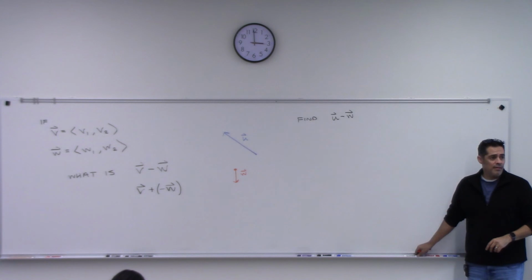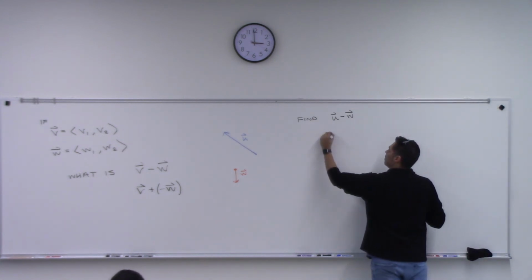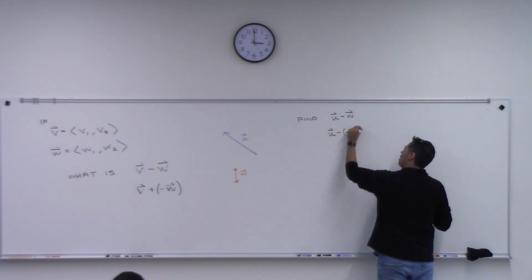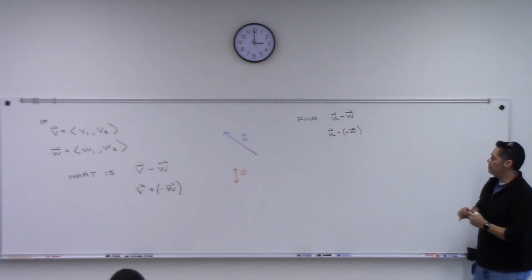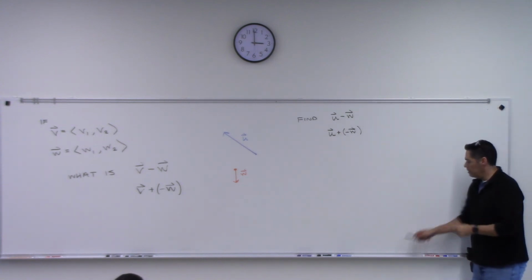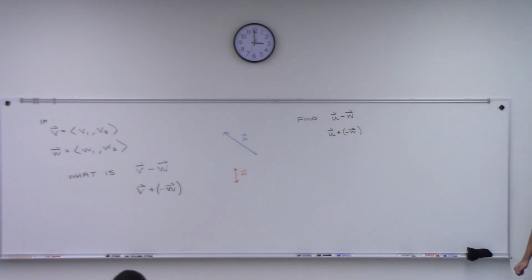Well, to do that, the first thing I'm going to do is rewrite that as u take away negative w. Oh, sorry, I forgot to add. Sorry, add negative w is what I meant to say. So u take away w is the same as u plus negative w.